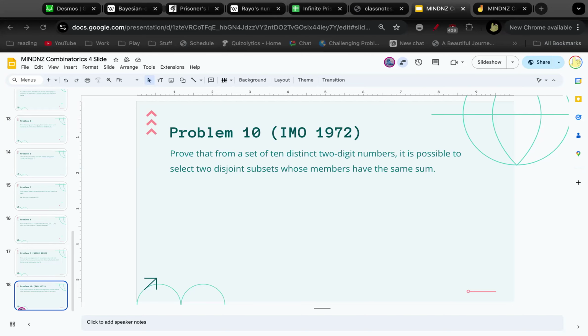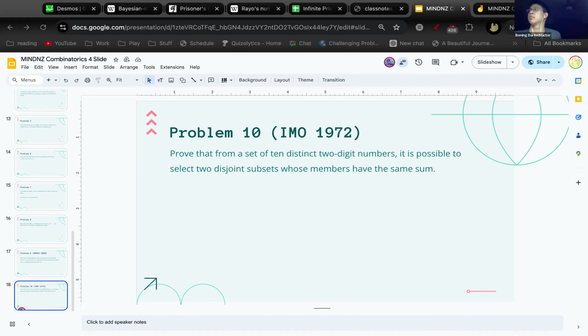What is the range of values for the sums? The maximum is 10 times 99, but the range is a little bit smaller because you can't have 99 ten times, since the numbers are distinct.